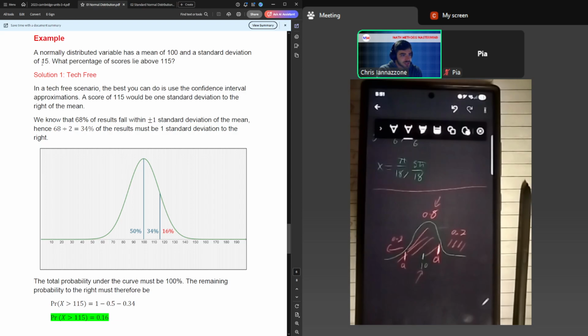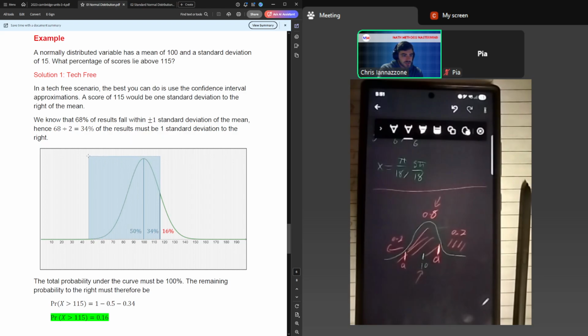So 1 standard deviation is 15, which would mean that from 85 all the way up to 115, the area that I've highlighted there accounts for 68% of my total area. And so I think, okay, I've already accounted for that left-hand side with my 50%. So all I'm going to do is halve that 68 down to 34, and that must therefore be this right-hand side half of that approximate area.